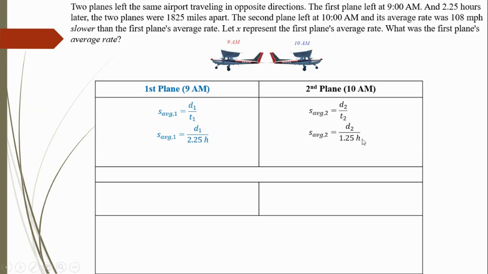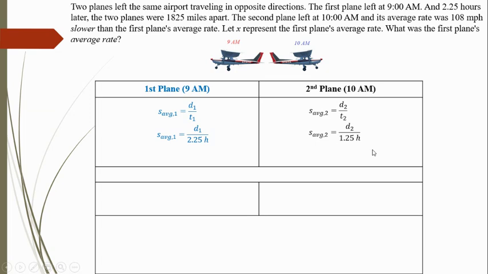So therefore, an hour later would imply that you take 2.25 hours of the first plane and then subtract 1. That's because the first airplane left at 9, the second airplane left at 10. So this piece of information was not explicitly given to you. You had to do a little thinking to get here. So hopefully that wasn't too bad.